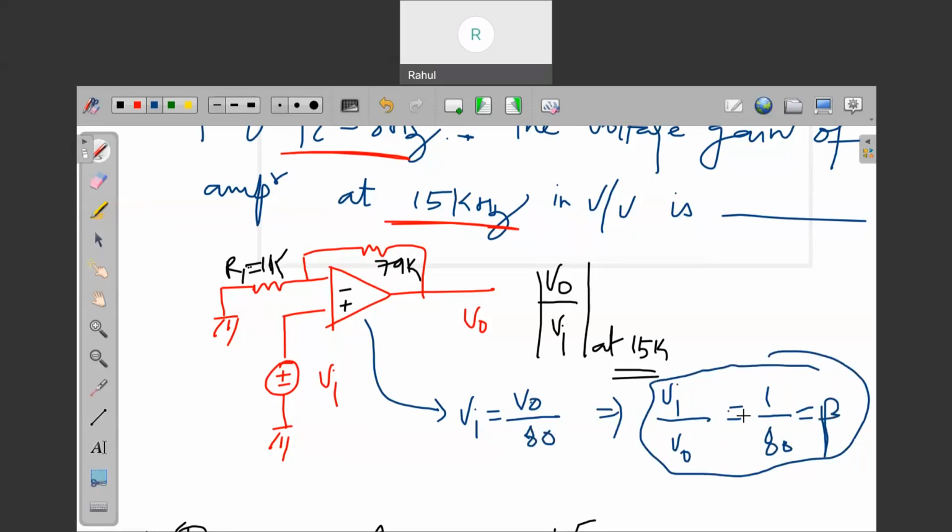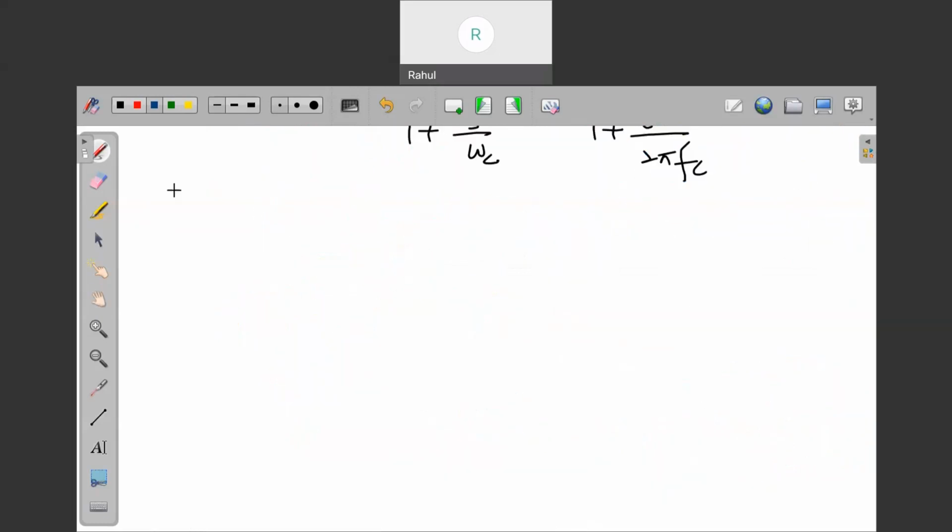Now you can directly write, or you can also say here that the potential at the inverting terminal is V naught into 1 by 80 by voltage division, or you can say V naught by 80.